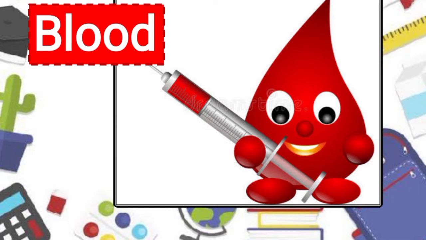And blood carries carbon dioxide and other waste materials to different parts like the lungs, kidneys and digestive system to be removed from the body. Blood is a red colored fluid that flows through the blood vessels from the heart to all the parts of the body and then back to the heart.